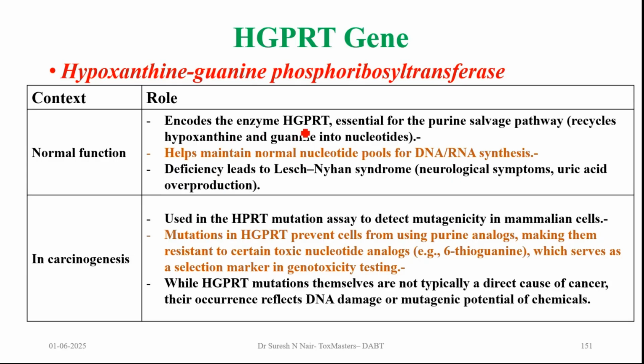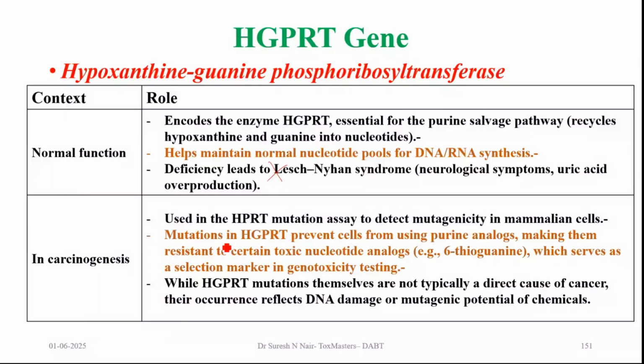The gene actually encodes the HGPRT, which is essential for the purine salvage pathway. That is the hypoxanthine pathway, and the recycling of the DNA bases is happening with this pathway, and it helps to maintain the normal nucleotide pool for the DNA and RNA synthesis, and the deficiency can lead to problems. So this, we are not much concerned about the carcinogenicity. I am just mentioning what is the normal physiology.